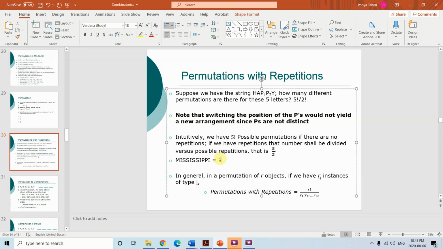If all the letters were distinct, we would have 11 factorial different permutations. But how many repetitions do we have for i's? We have 4 i's. These i's can have 4 factorial different arrangements, so we have to divide this 11 factorial by 4 factorial because of the i's. We also have 4 s's, so we divide by another 4 factorial for the s's. We also have 2 p's, so we divide by 2 factorial for the p's.